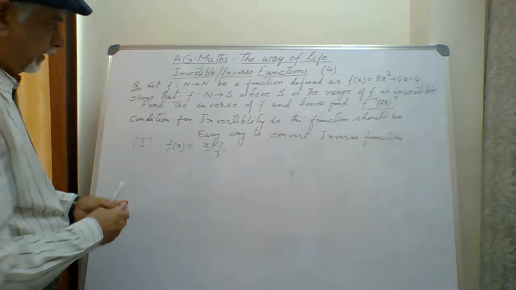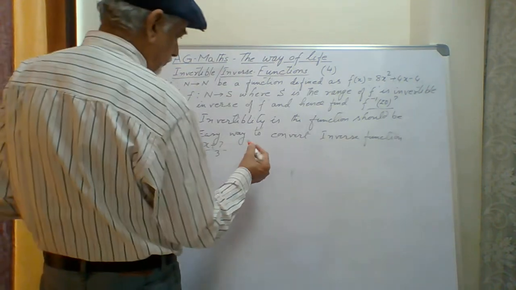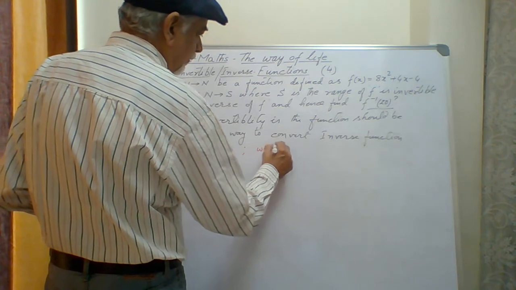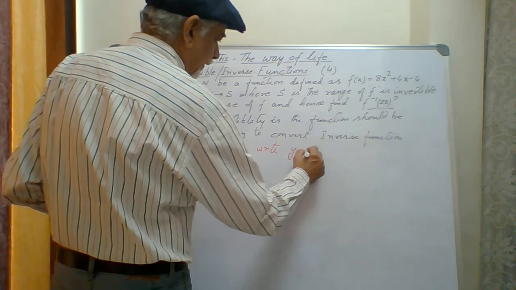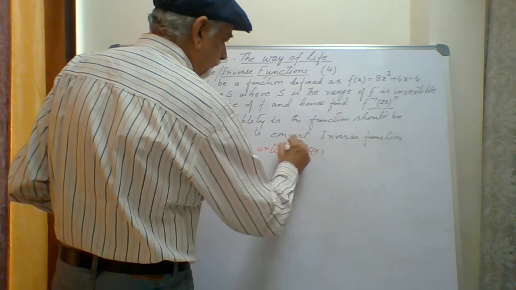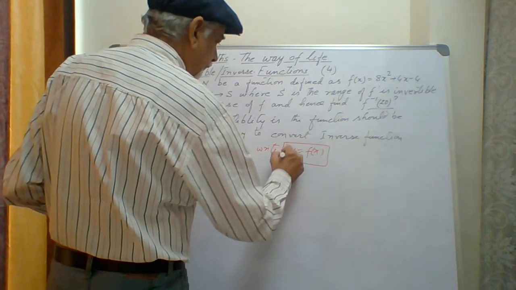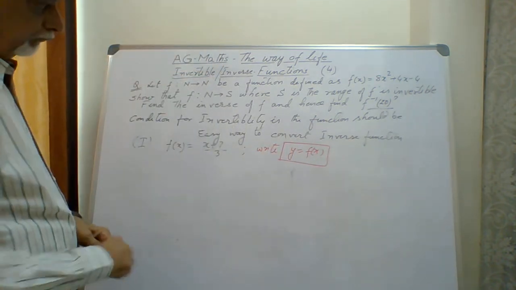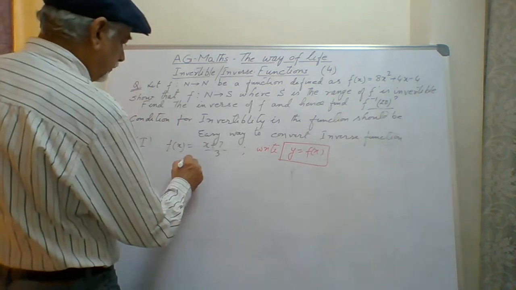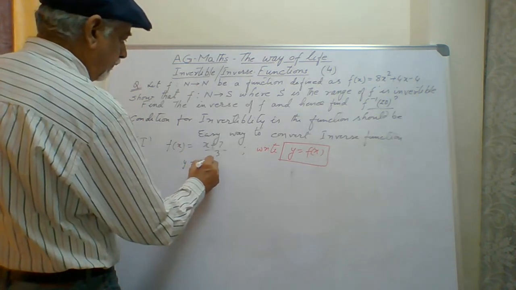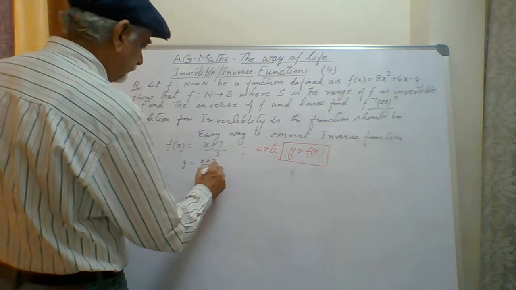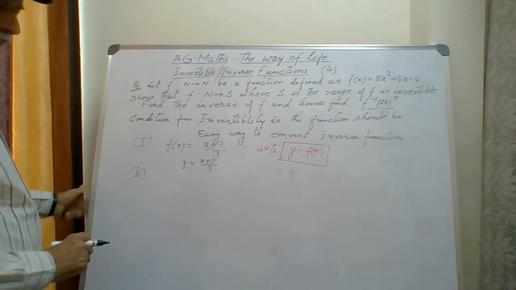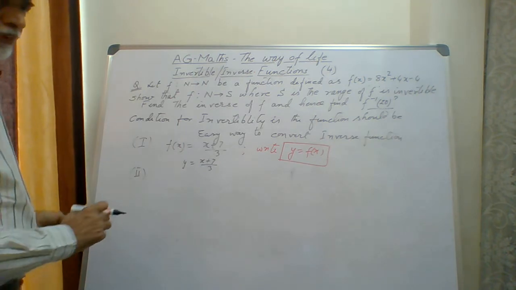Write y is equal to f of x. This is the first step you do. Then the second step is swap the x with y.